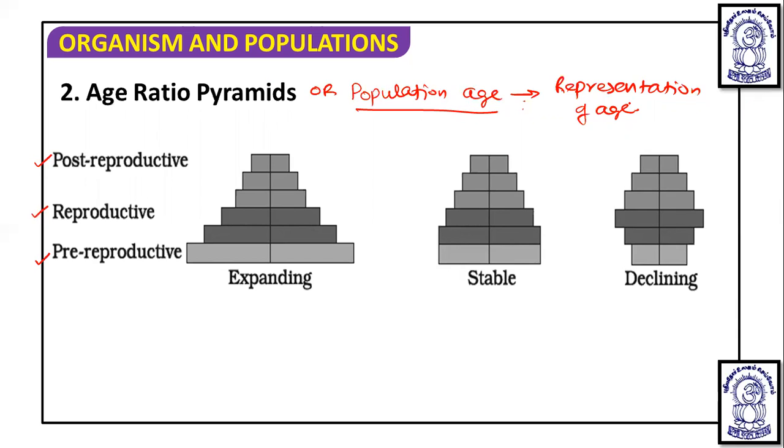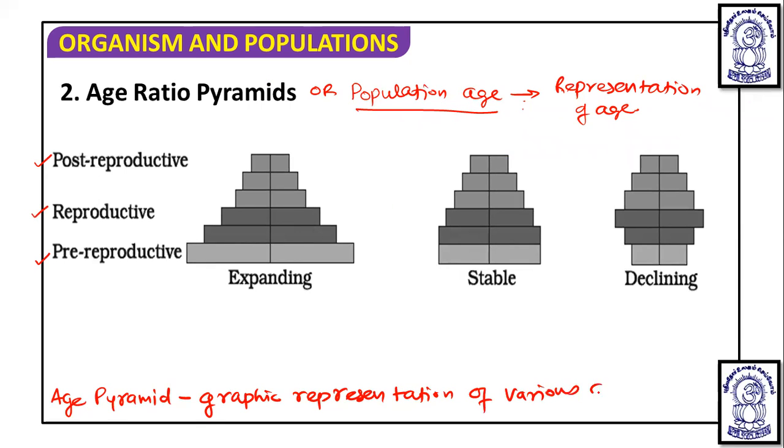Okay, so what is an age pyramid? If we define age pyramid, it is a graphic representation of various age groups of a population.